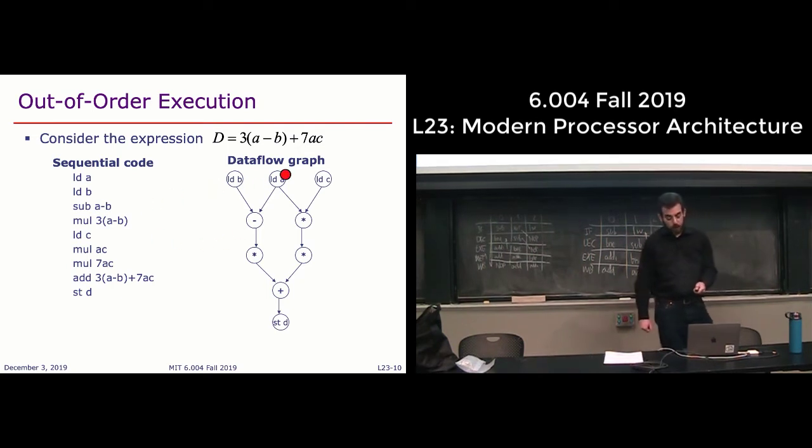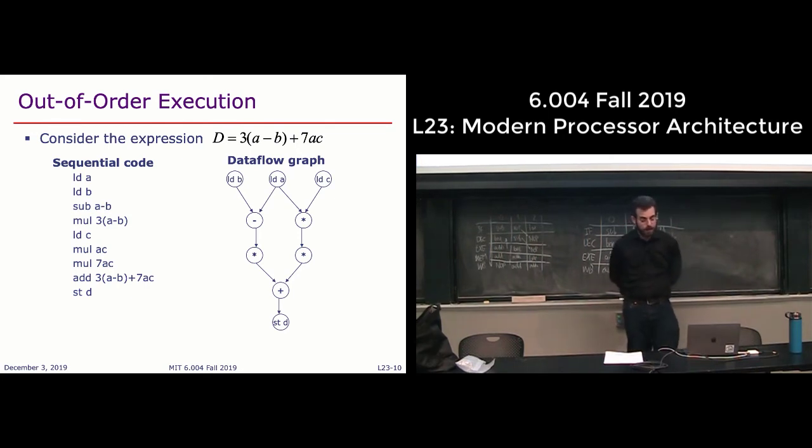For example, we could load A and B and C in parallel because they're independent operations. Then we could do the subtract of A and B independently from the multiply of A and C, because these are different branches of the computation, so they can happen in parallel.